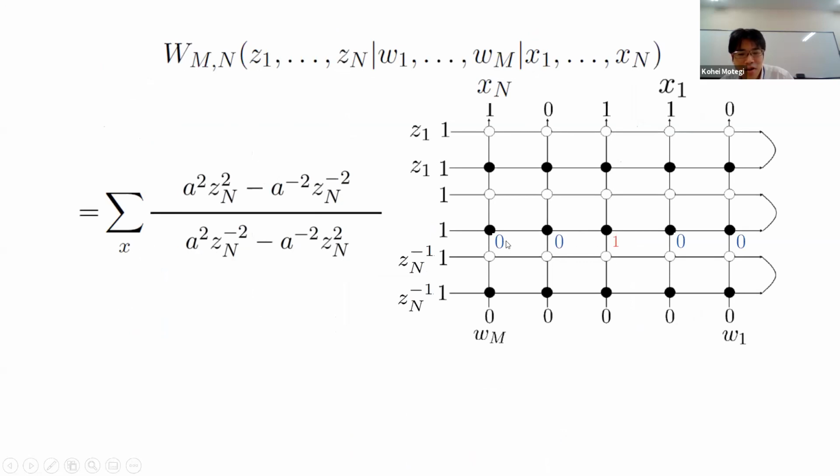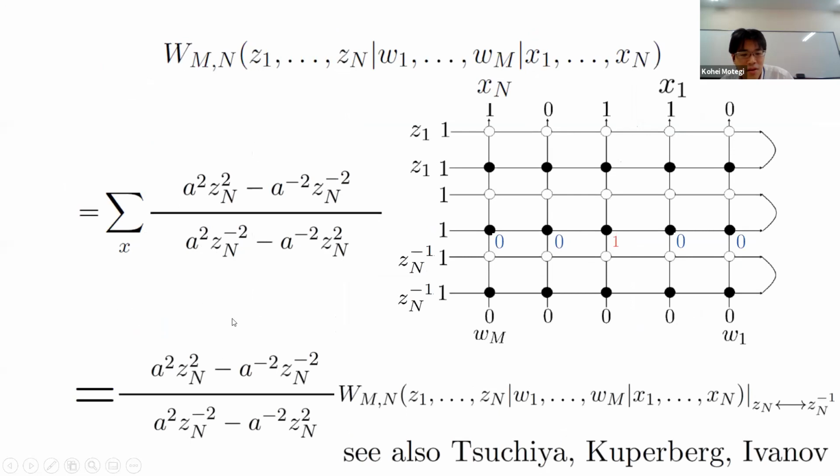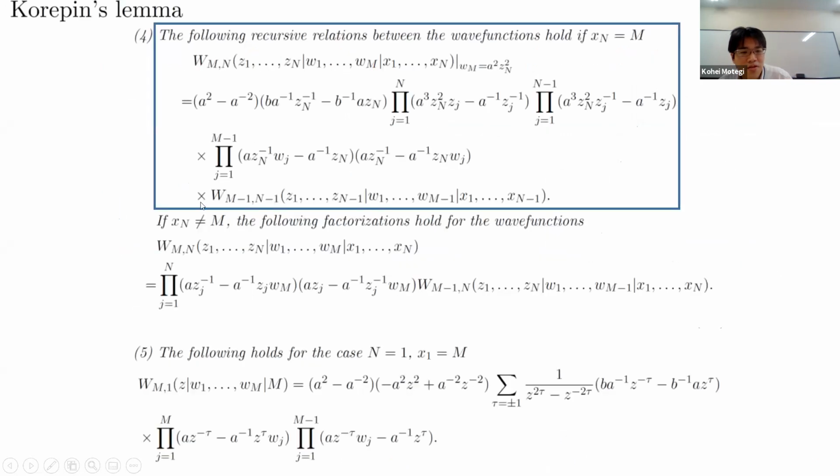Small x is the position of this one, so you can pull this factor in front of this sum, and then you can show this symmetry. And I think this argument is more or less the same as the argument by Ivanov and also Chen-Yan's talk.